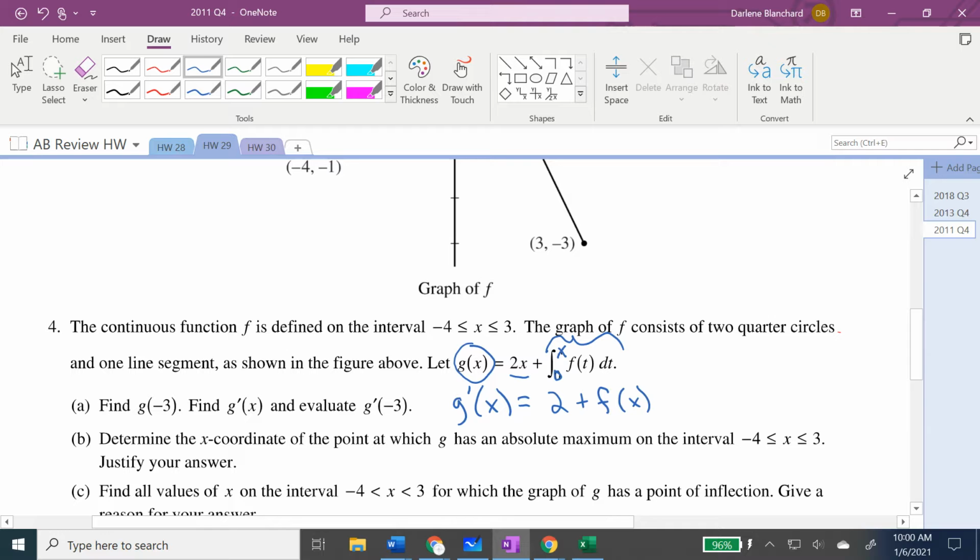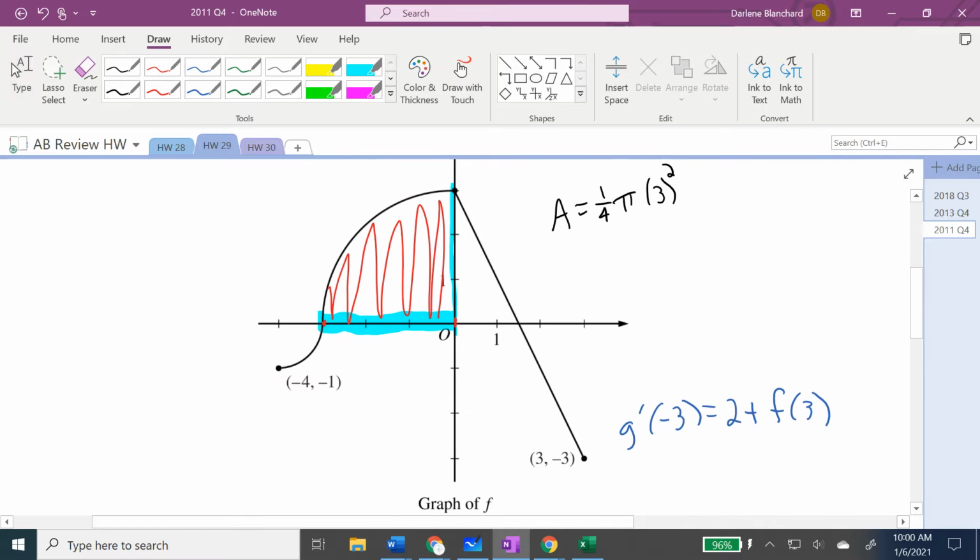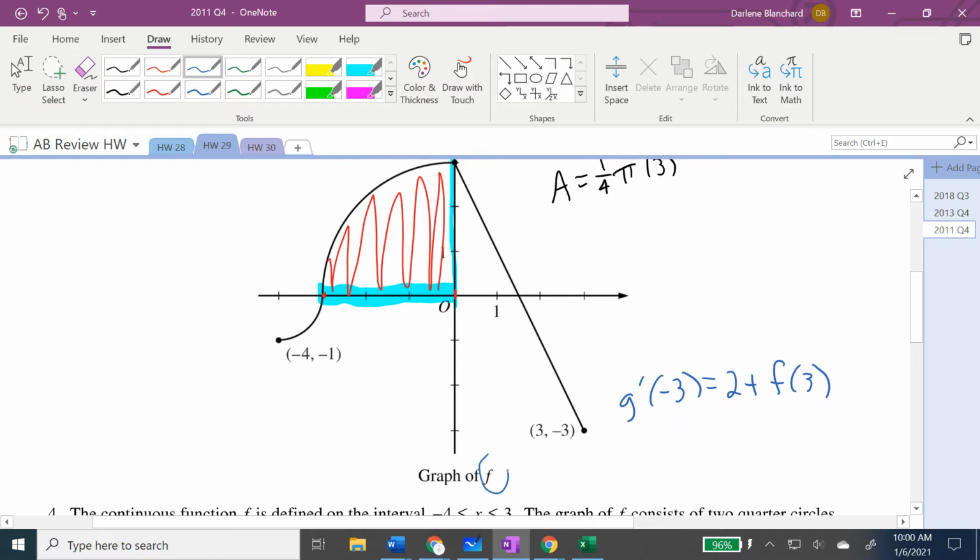Then once I find that, I need to plug -3 in and figure out what that is equal to. So plugging -3 in, I get 2 plus f of -3. When I come back to look at the graph, I remind myself that this is the graph of f, and I need to know f of -3, so the y-coordinate when x is -3.